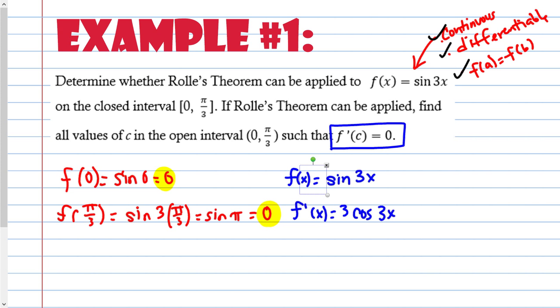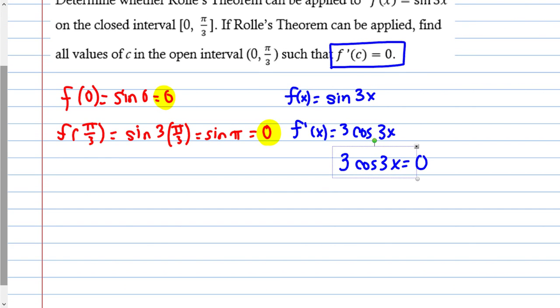So here's my function's derivative. Now I set it equal to 0, and I solve for x, because x is my c value. Okay, divide both sides by 3. 0 divided by 3 is still 0, so that's not anything special there.